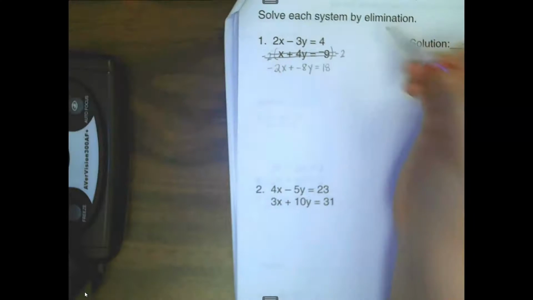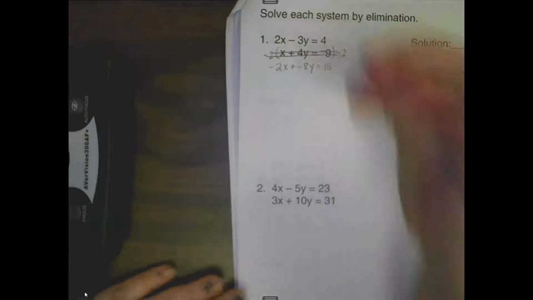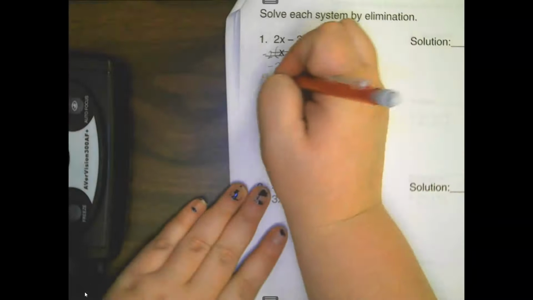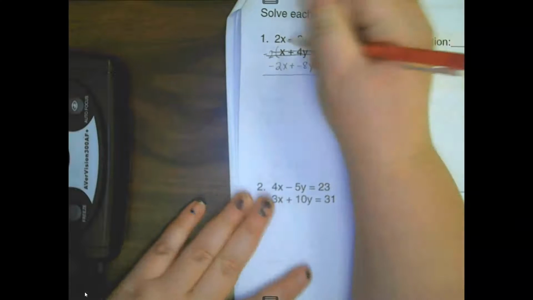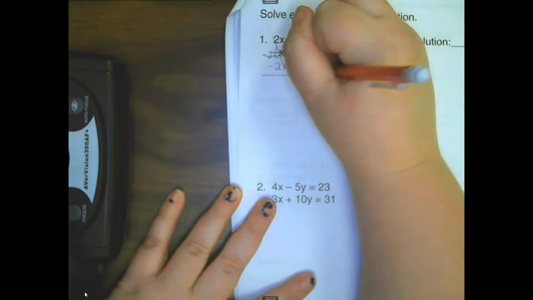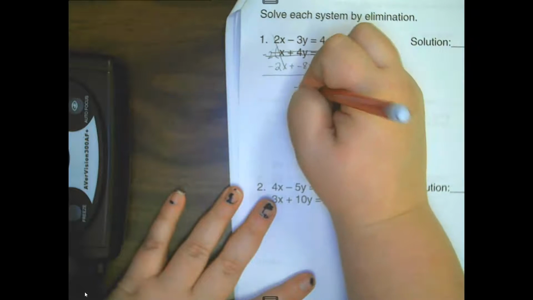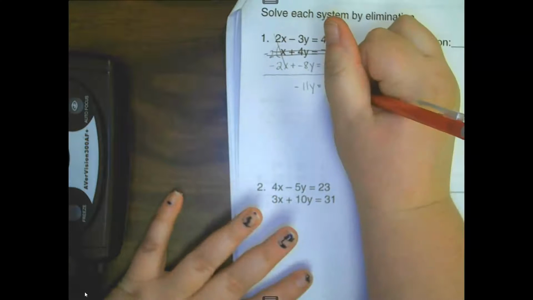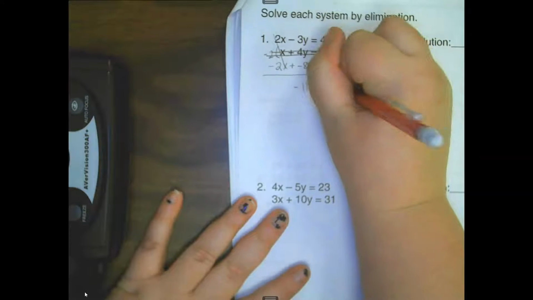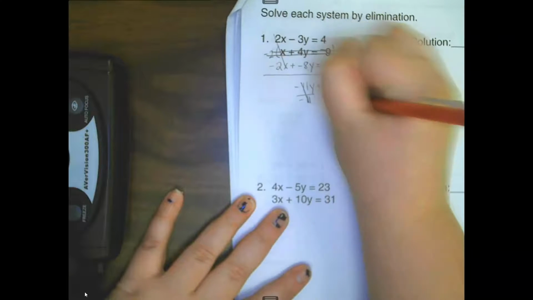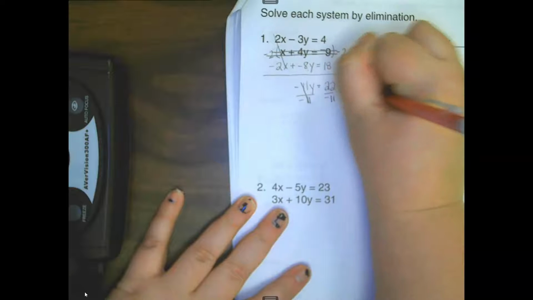And you can see that it now sets up where I can eliminate those x's. So it took a little work besides just multiplying times a negative, but let's see, these cancel. We have a -3 and a -8, which is -11y, and 4 plus 18, 22. Divide by -11 to get that y equals -2.